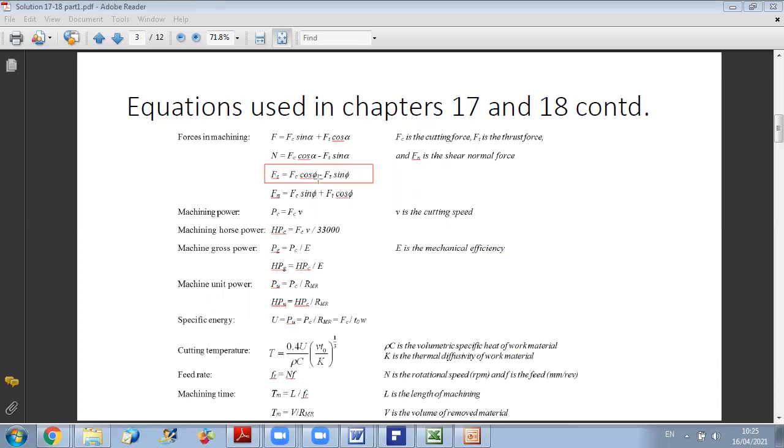So all I need is the angle phi. The angle phi is already calculated in the previous step. So I replace the cutting and thrust force by their equation to get the value of the shear force. Okay, so this is what I will do here.